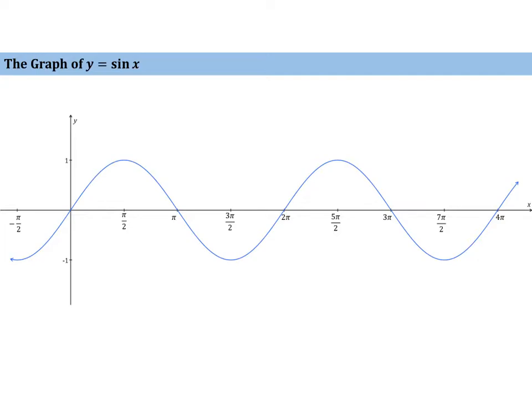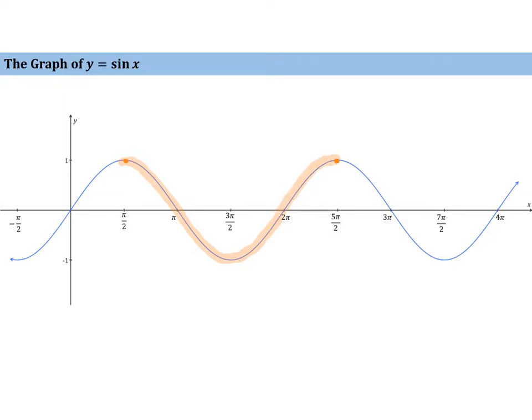So one of the other things that you'll notice is that this function, as it oscillates, will repeat. So if we, for example, start at a crest and we look at the next crest, this will complete one full cycle. So there is one full cycle.